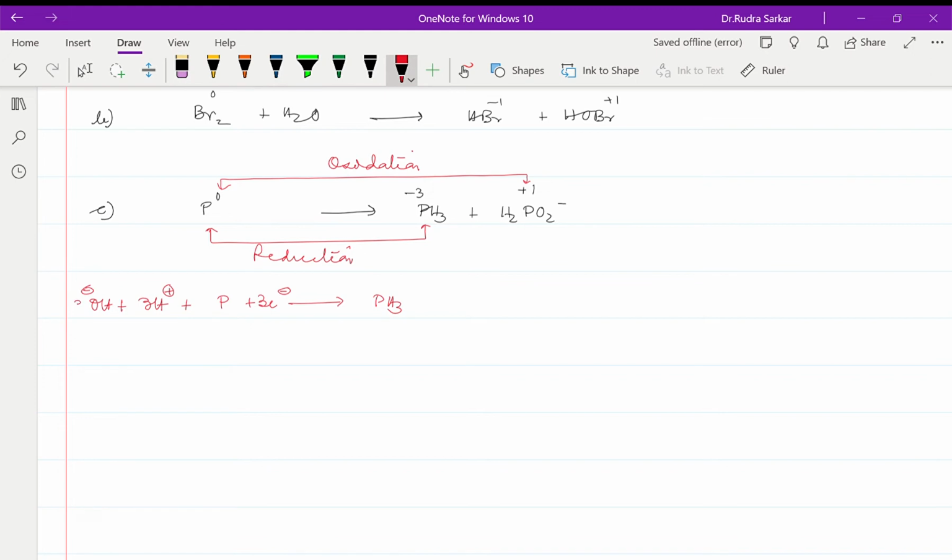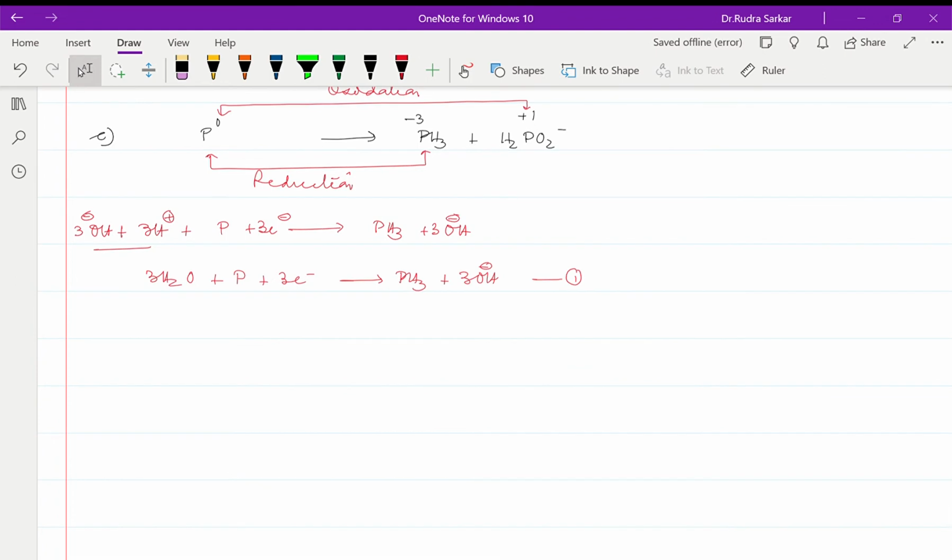So this is 3H OH, and over here 3OH. So this becomes 3H2O plus P plus 3 electron, giving you PH3 plus 3OH, and that is say equation 1.